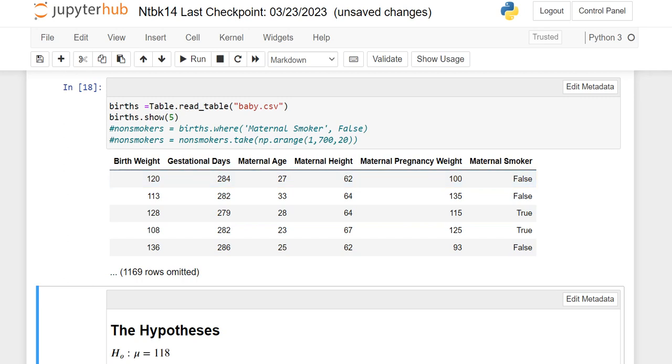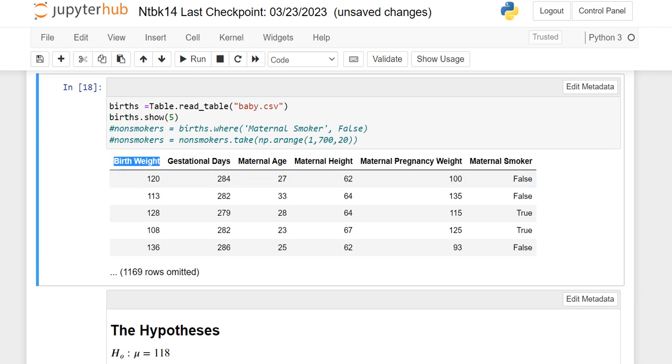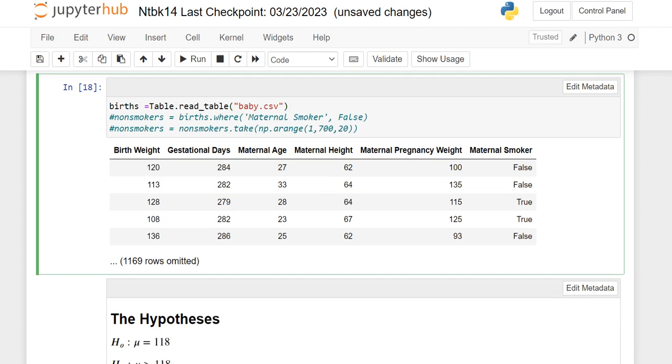We're looking at the birth weight of the baby at birth. And we're looking at maternal smoker is set to false, so these are all the non-smokers. I just wanted you to see what we're doing. So we're creating this array called non-smokers, and it's just from the births table where the column maternal smoker is false.